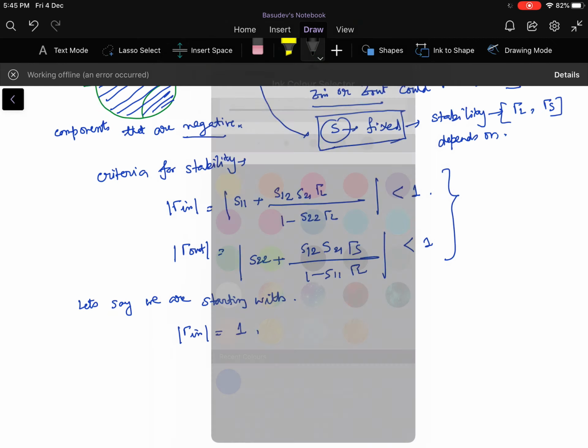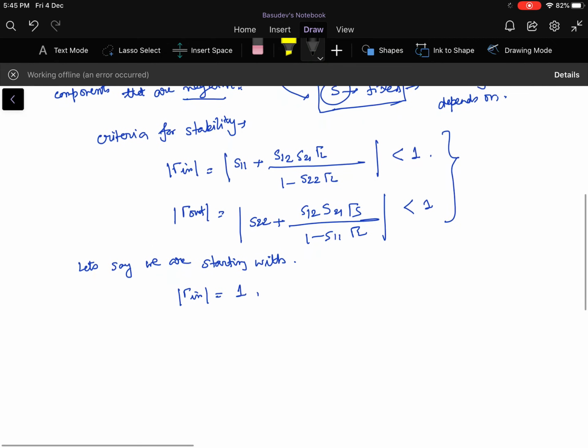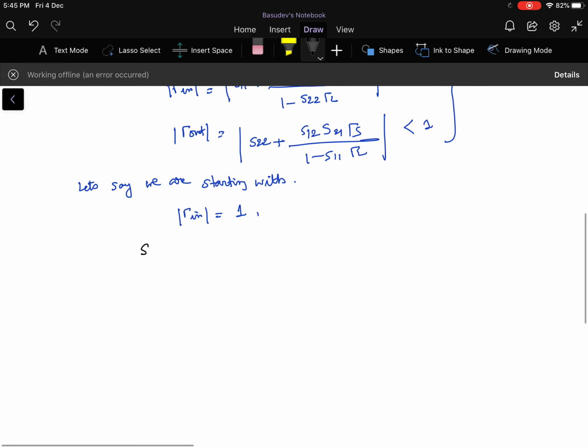So from that, let's say we are starting. So mod of tau in, the value I will put, which is S11 plus S12 S21 tau L divided by 1 minus S22 tau L, equal to 1.